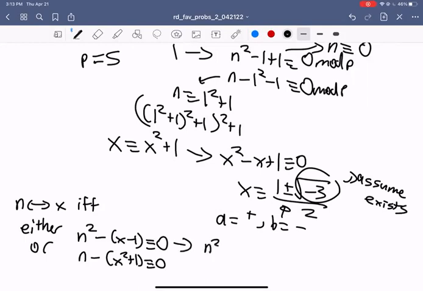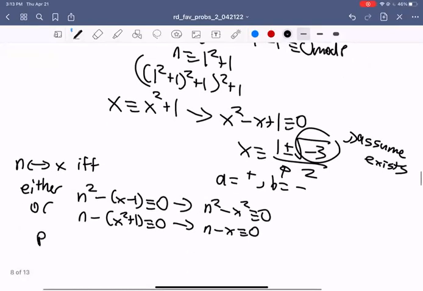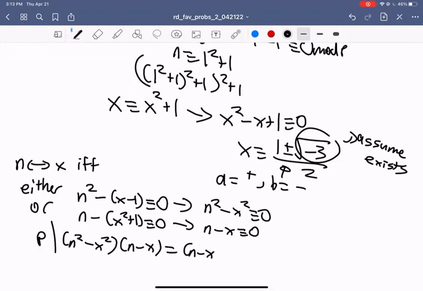So this is just n squared minus x squared is congruent to 0, which means p divides n squared minus x squared, which is n minus x times n plus x. So either n equals x or n equals minus x.